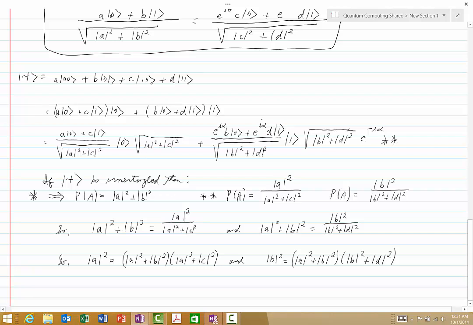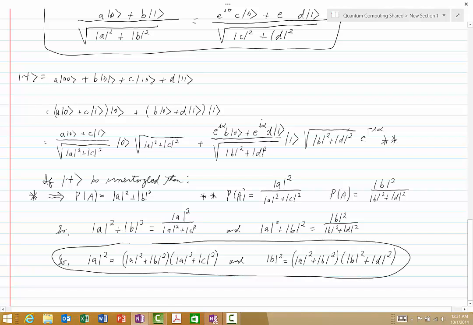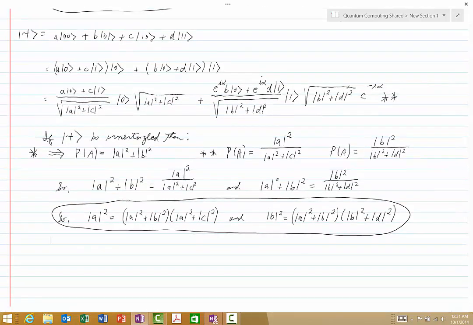And for right now, I'll just circle these two equations. We'll come back to them in just a moment. Now, once again, remember that this expression came from star, and this equation came from star star. And now, let's look at both equations again under the assumption that C is unentangled.